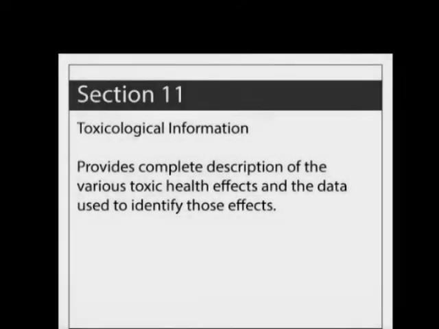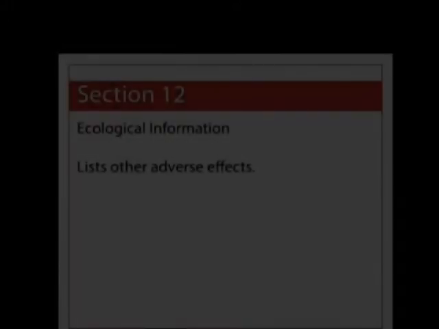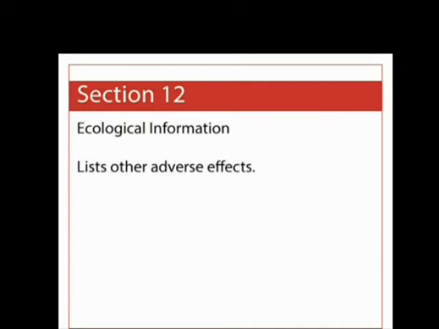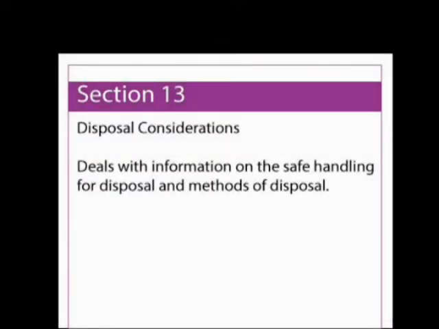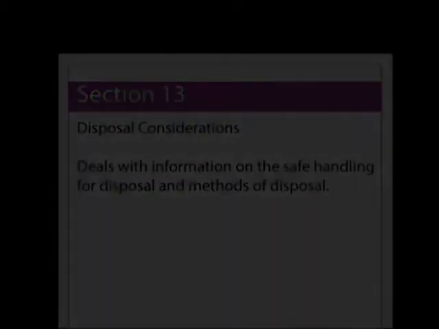Section 11, Toxicological Information, provides complete description of the various toxic health effects and the data used to identify those effects. Section 12, Ecological Information, lists other adverse effects. Section 13, Disposal Considerations, deals with information on the safe handling for disposal and methods of disposal.